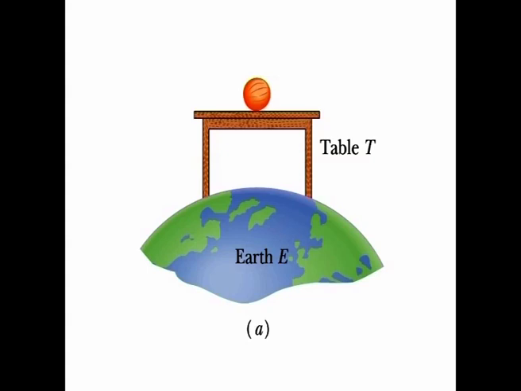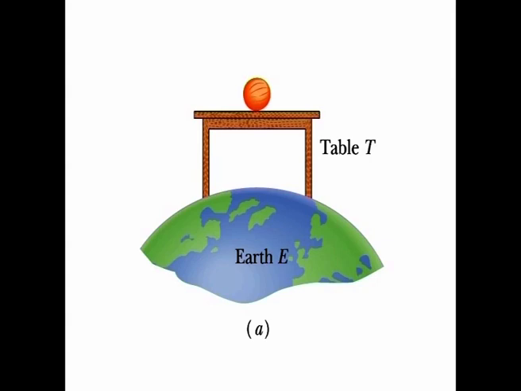As another example, let us find the third law force pairs involving the muskmelon in figure A, which lies on a table that stands on earth. The muskmelon interacts with the table and with earth. This time there are three bodies whose interactions we must sort out.